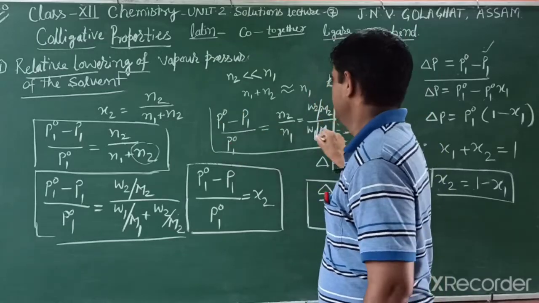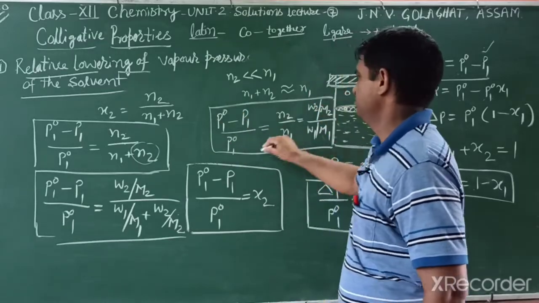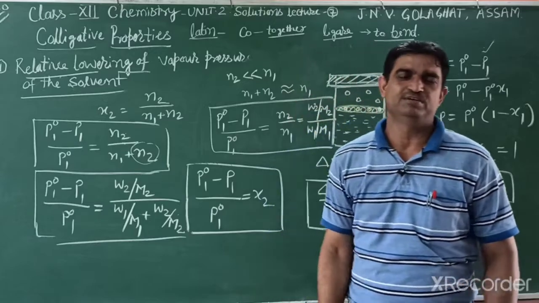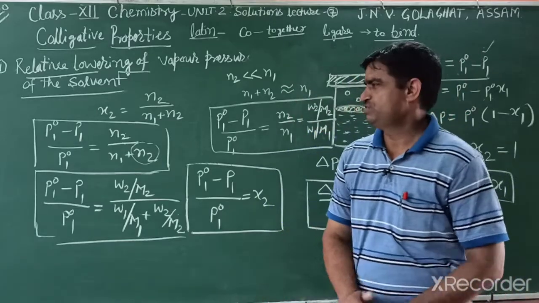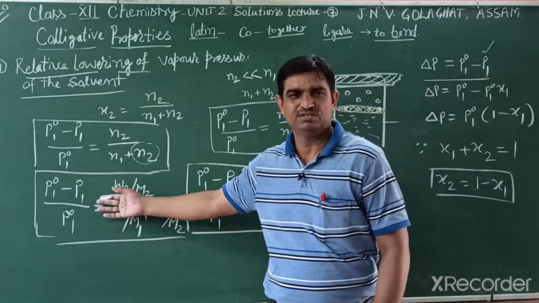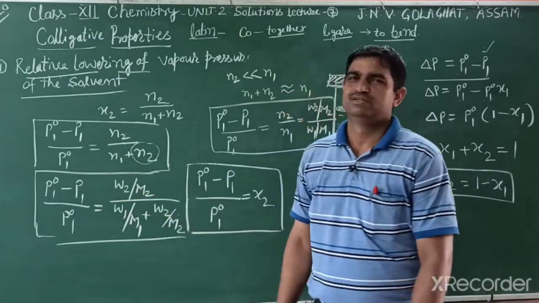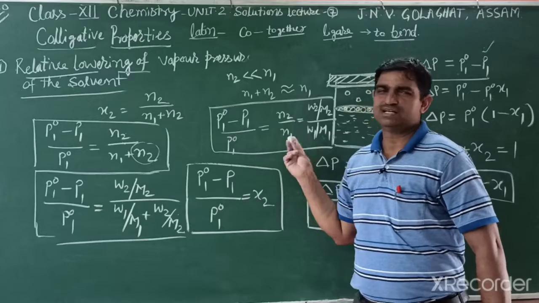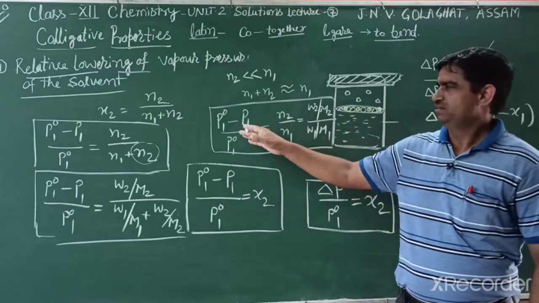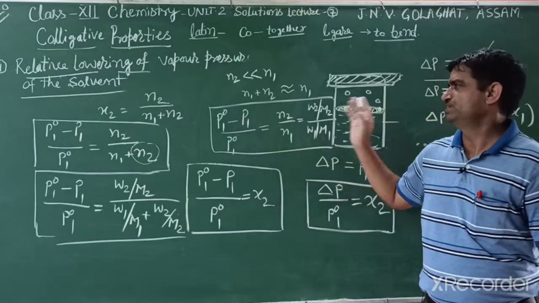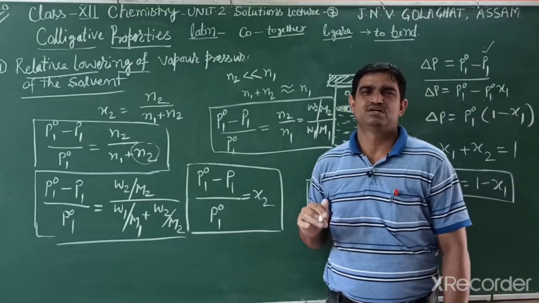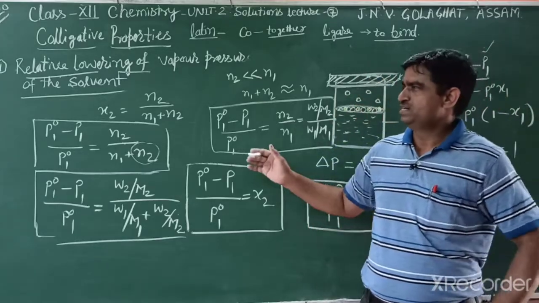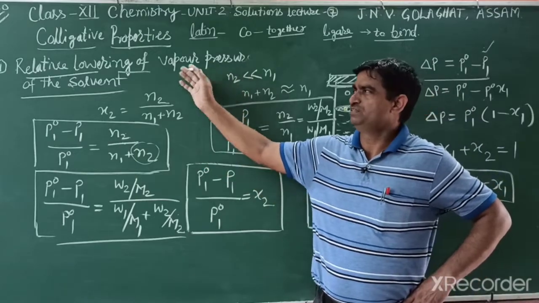So actually this equation can easily solve the numerical if the solution is very, very dilute. If the solution is not dilute, then we use the earlier equation for a concentrated solution. So students, if the data is given, you can put in the values and easily identify the unknown solute molar mass. Our main motto is to identify molar mass this way.